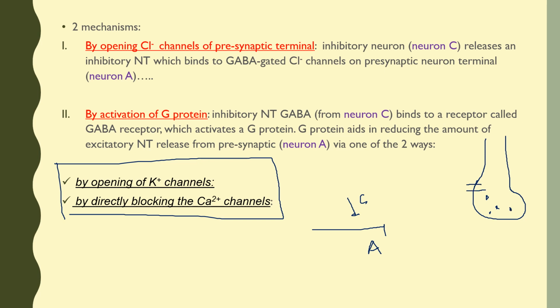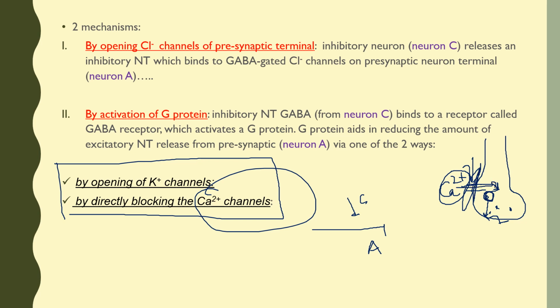There are calcium channels, and when the wave of depolarization reaches here, it will open the calcium channel. Calcium will move inside and bind to the vesicles carrying the neurotransmitter, and these vesicles will attach and exocytosis will happen. But if these calcium channels get blocked, then there will be less entry of calcium, and less release of the neurotransmitter.